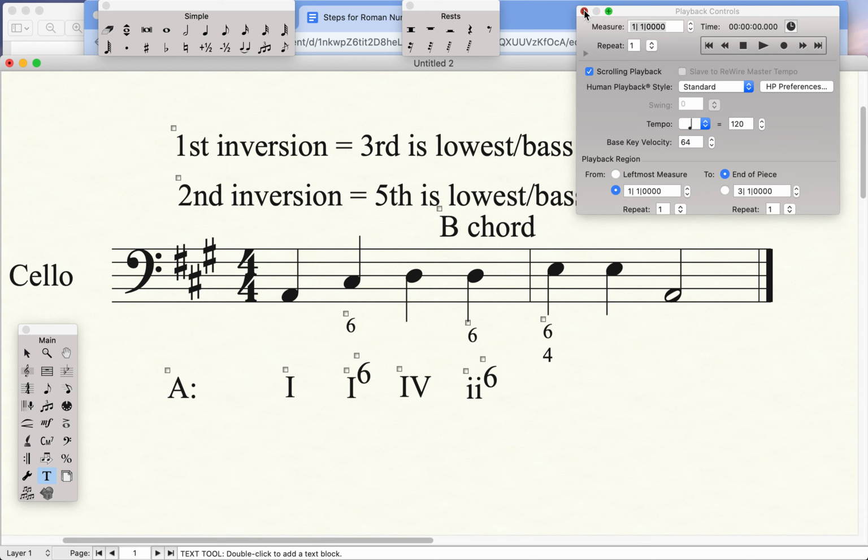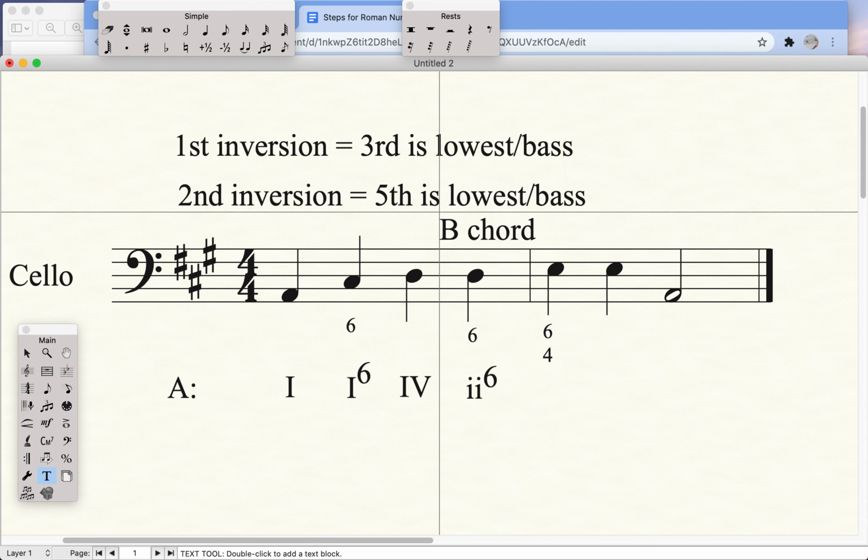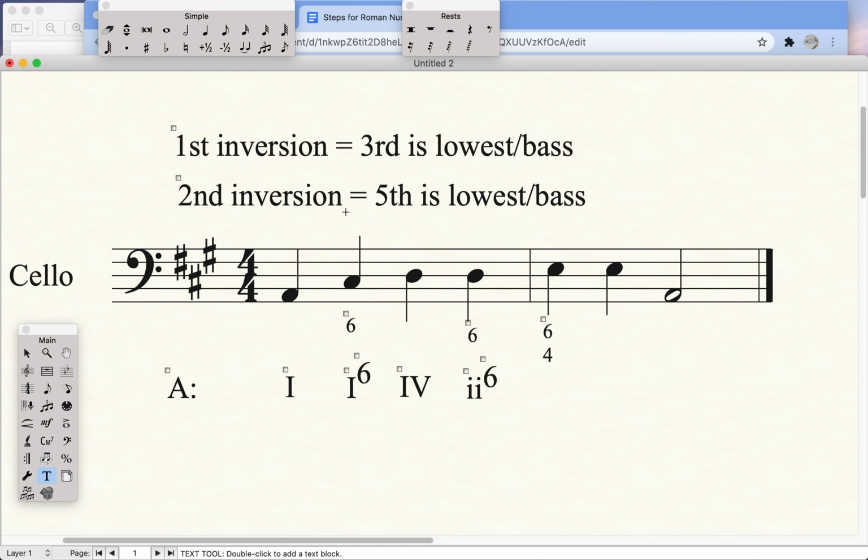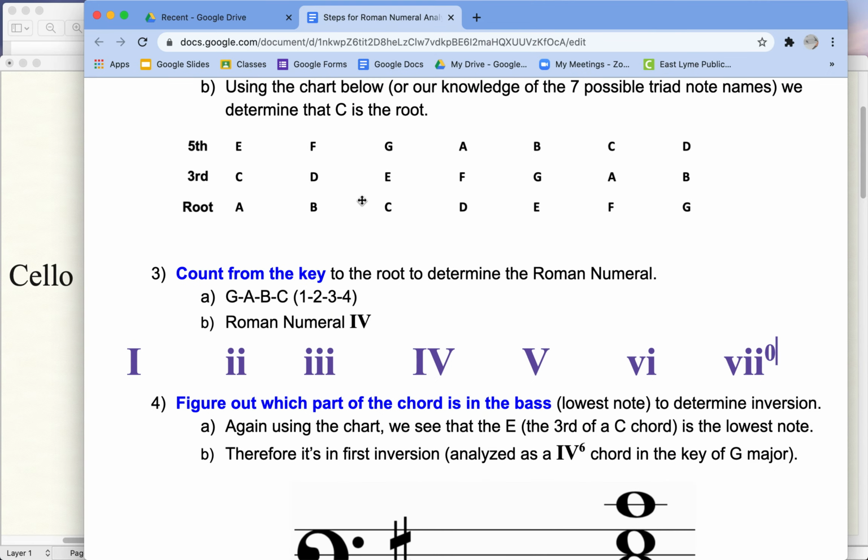I'll get rid of the playback controls there. Get rid of that B chord. So, if this is the 5th of the chord, because this is telling me it's in second inversion, and it's an E, let's check it out. In what kind of chord is E the 5th?